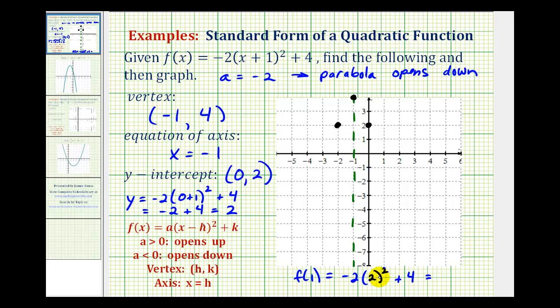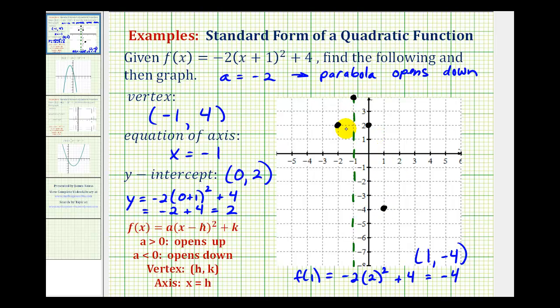Well, this is going to be 4 times negative 2, that's negative 8, plus 4 is negative 4. So if f of 1 equals negative 4, that means the parabola will contain the point with an x-coordinate of 1 and a y-coordinate of negative 4. So let's go ahead and plot that point as well. 1, negative 4 would be here.